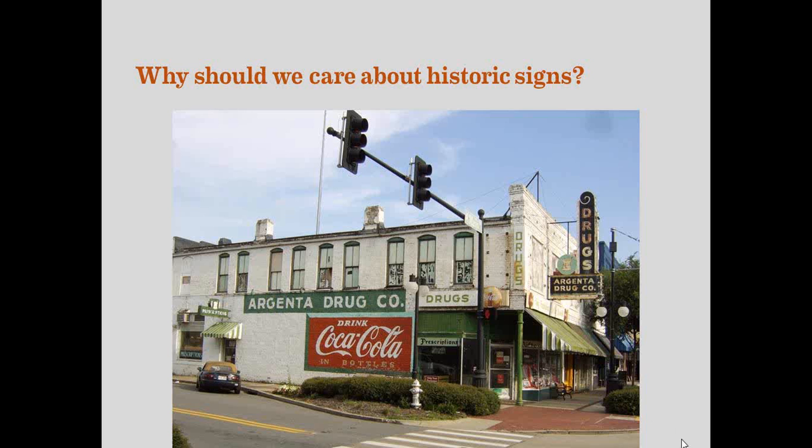We can begin to understand the various changes that were undergoing not just in Argenta but in our society through the drink Coca-Cola in bottles, advertisements, to all these various levels of signs on this particular building. There's so many different stories that can be told, again, just by looking through the signage.